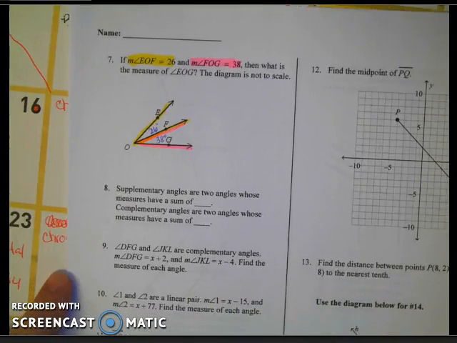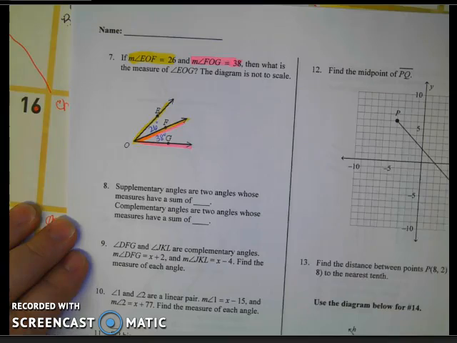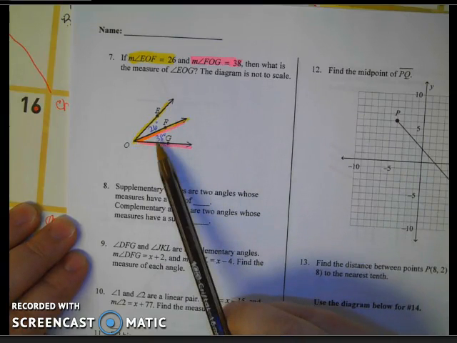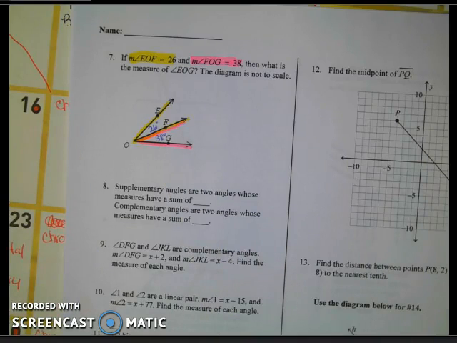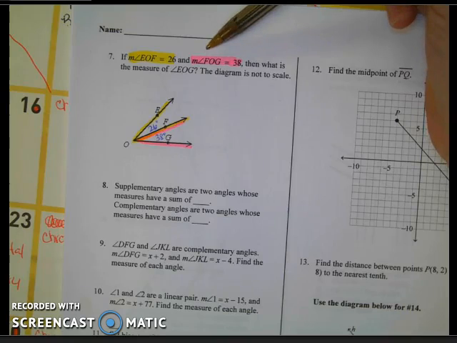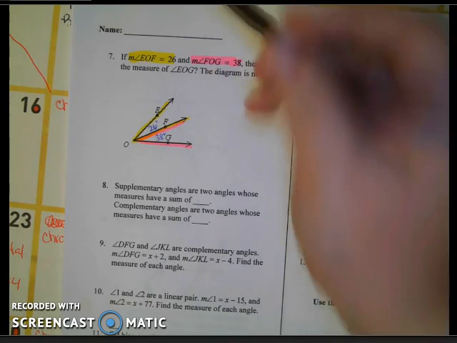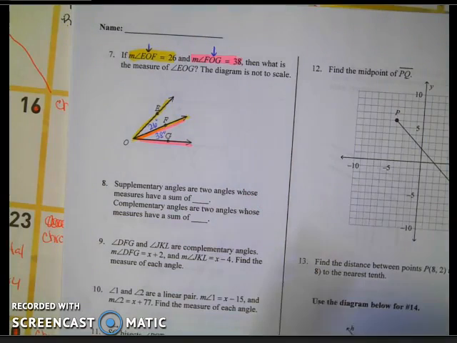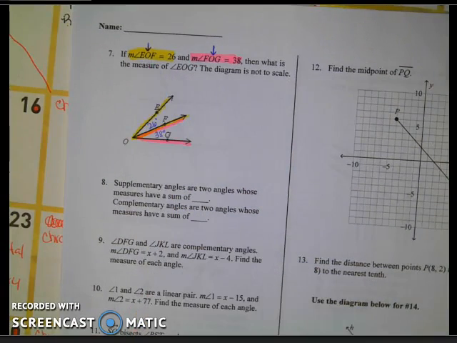Moving on. Number 7. If the measure of EOF is 26 and FOG is 38, then what is the measure of EOG? I wanted to highlight these to make sure that we know how to name angles. The second point in an angle is its vertex. But it doesn't just mean angle O. What part of angle O?